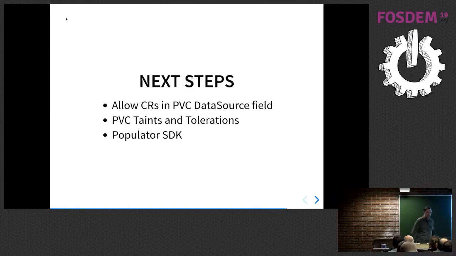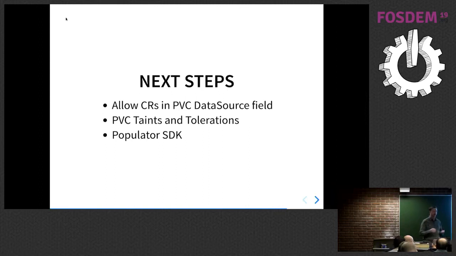So the next steps for us along the lines of this idea are, first, to allow custom resources in the PVC data source field. They're not allowed yet because that feature was designed to create volumes from snapshots and from other volumes, so clones. So we're going to extend it.